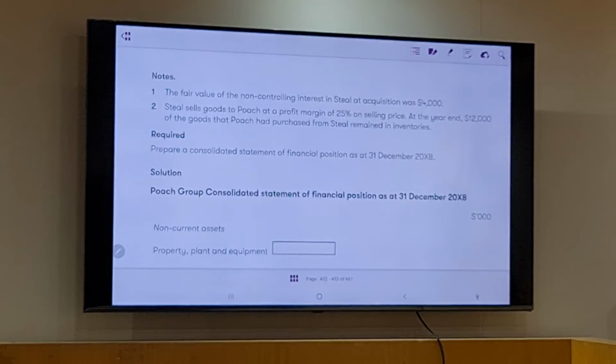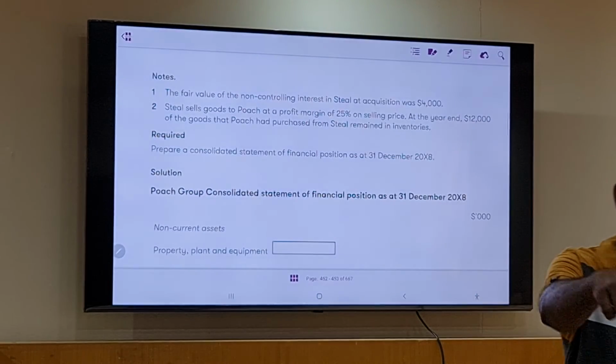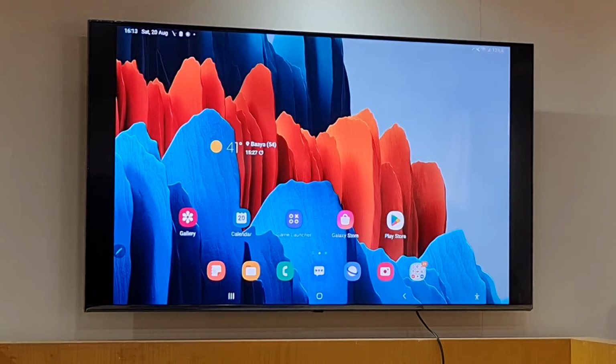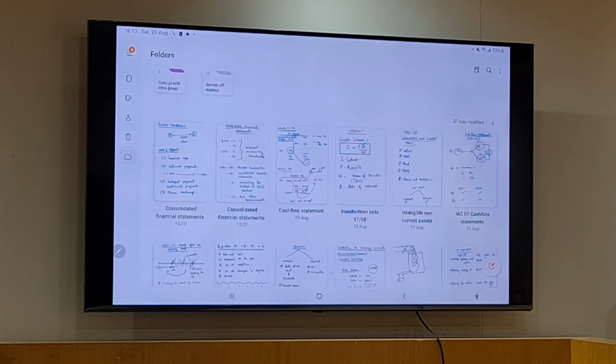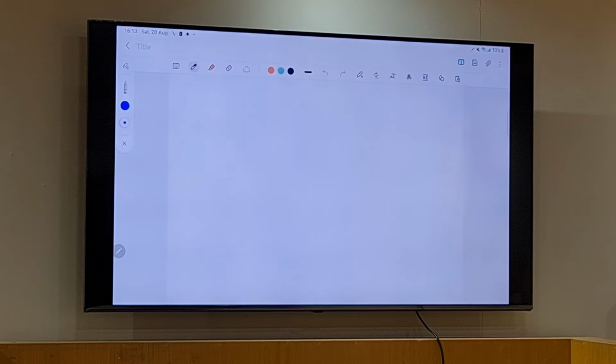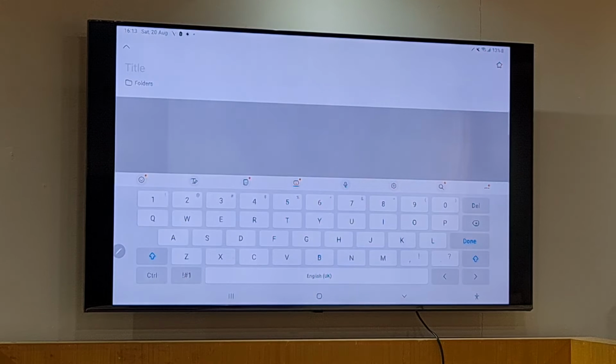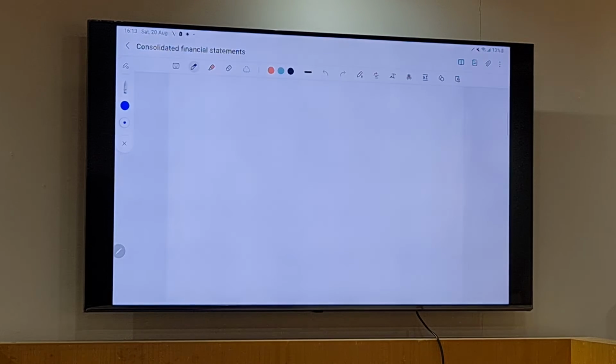First step, group structure. Kindly do the group structure. Can you stop the video, please? Activity number 4, page 435.